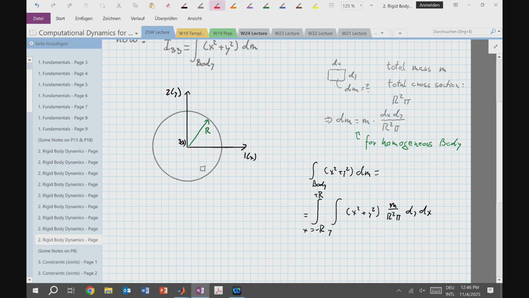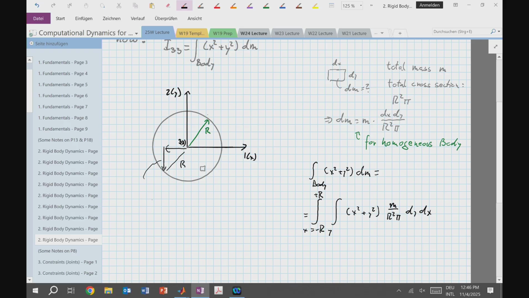What do I have to do instead? This is basically the situation where my integration range in the y direction depends on my location in the x direction, where I can create sort of here this rectangle and then go through the Pythagoras, right?